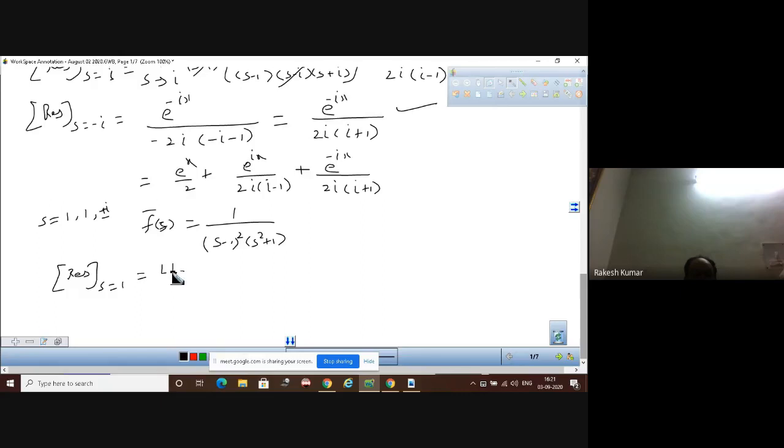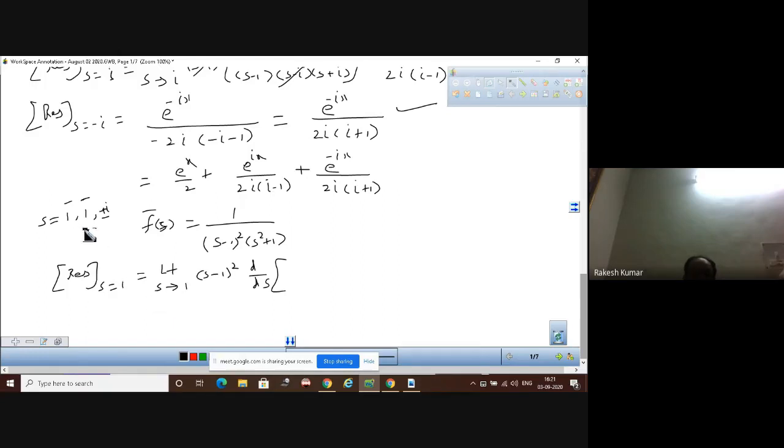Residue at s equal to 1 is the limit as s approaches 1 of (s minus 1) whole square into d by ds first order, because a multiple pole is there, a multiple pole of order 2. Order 2 means it comes twice.